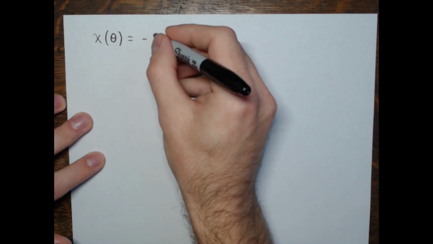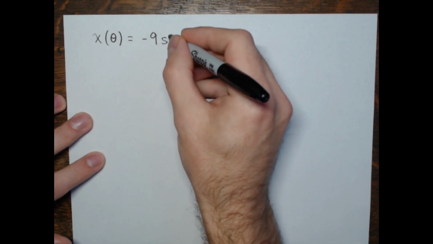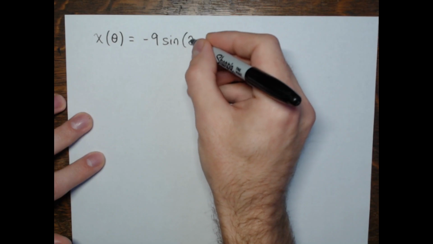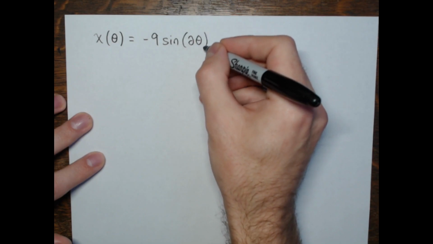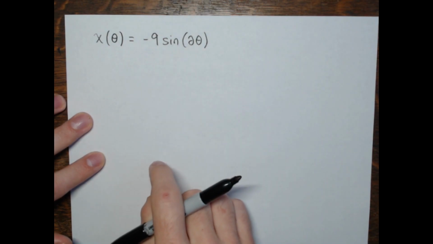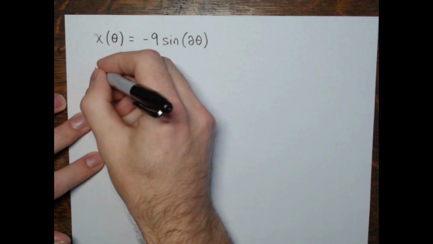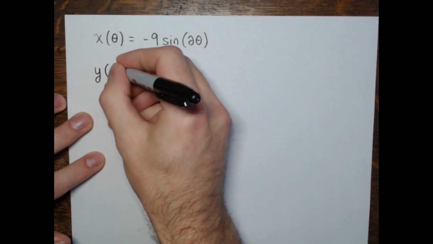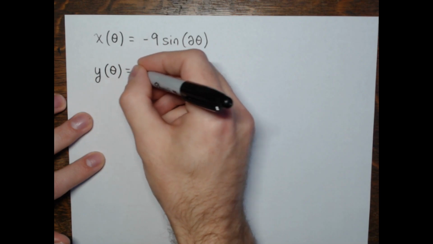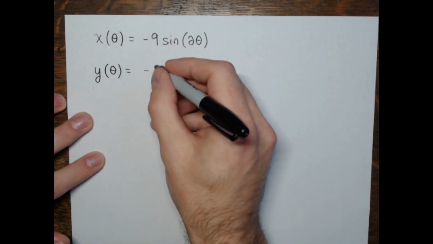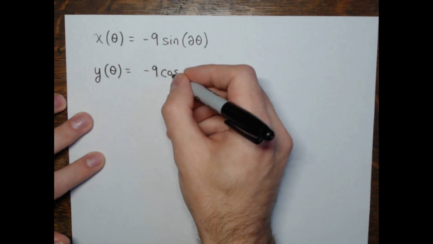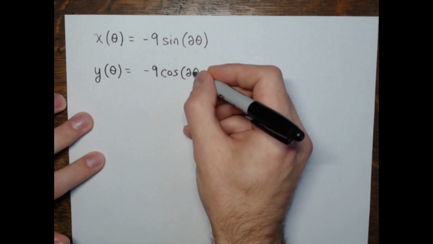And it's equal to -9 times the sine of 2 theta. Again, you can call that 2t if you wish. And then y depends on this same parameter theta, and it's equal to -9 times the cosine of 2 theta.